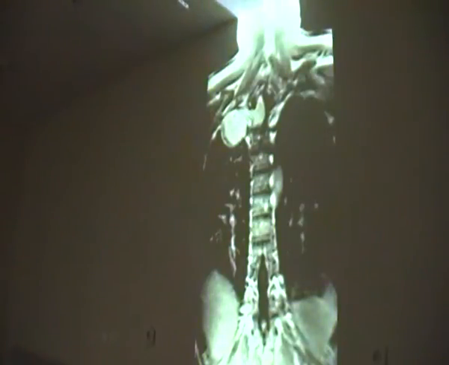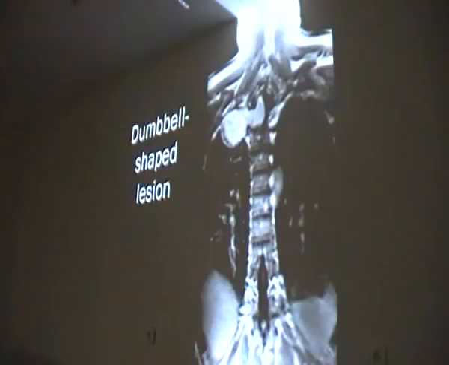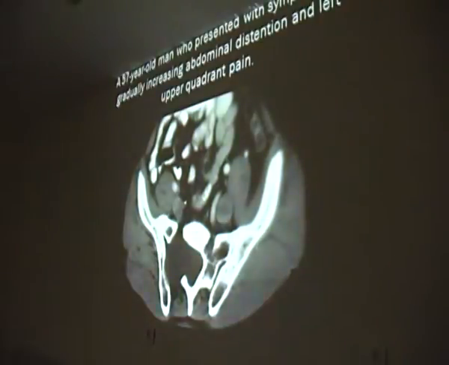That's why you can see the tumor trying to squeeze out, so you can see narrowing between these two masses. That's why it causes this typical so-called dumbbell shape lesion. Everyone knows what a dumbbell is, right? Many students here like to exercise with it, so I think you know what it is.